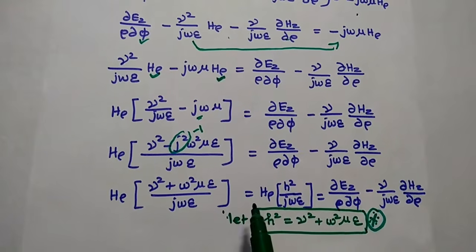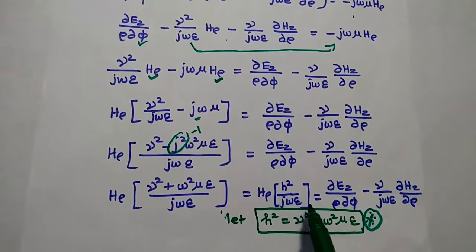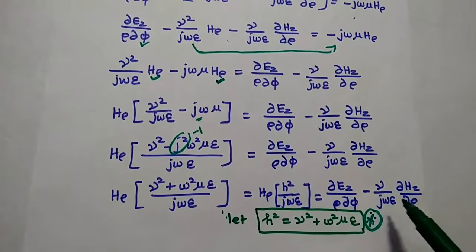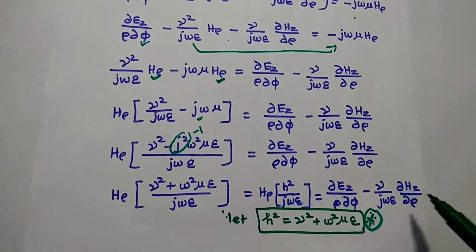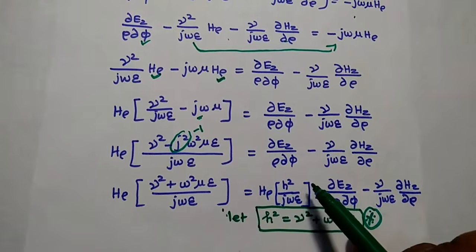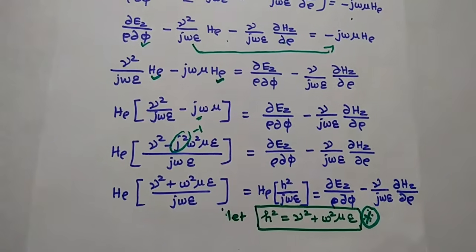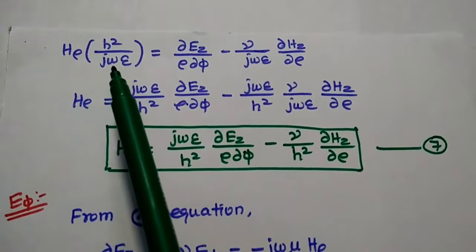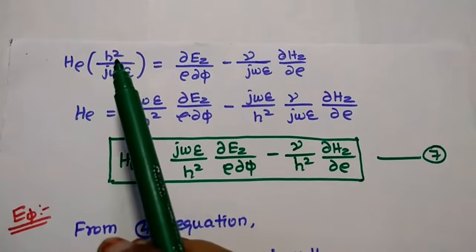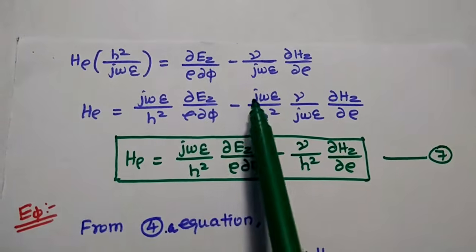Then this expression can be written like this: Hρ into h²/(jωε) is equal to ∂Ez/ρ∂φ - γ/(jωε) ∂Hz/∂ρ. Okay, in the next step, we have to move this term to the right hand side to find out the value of this Hρ. So we move this term in a reciprocal manner. Here h²/(jωε) becomes jωε/h² on the right hand side.